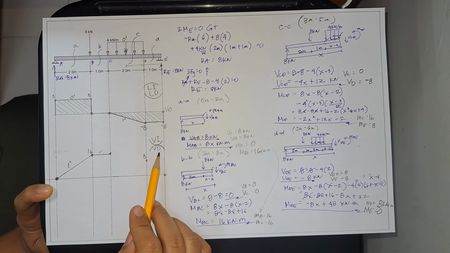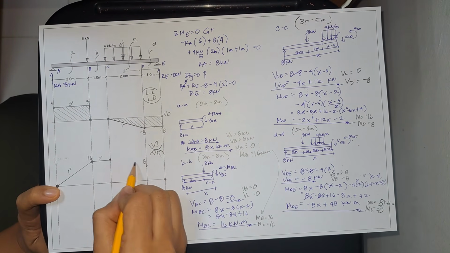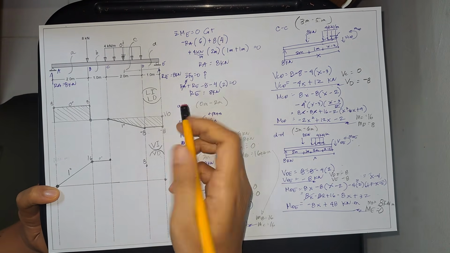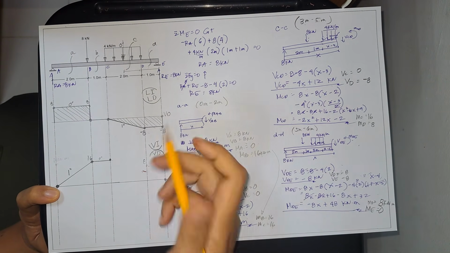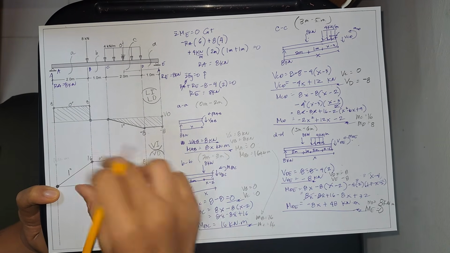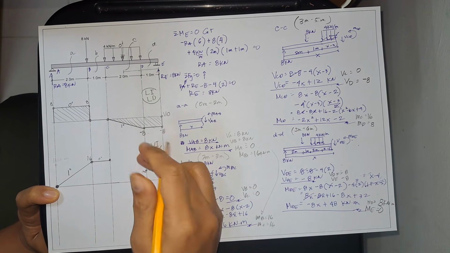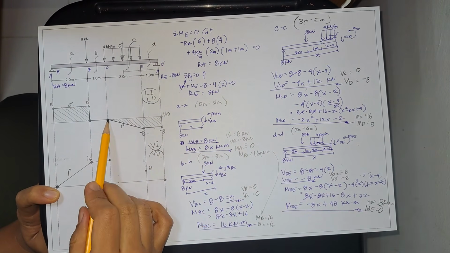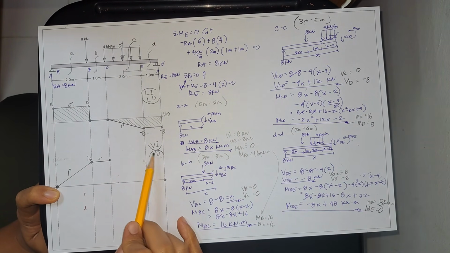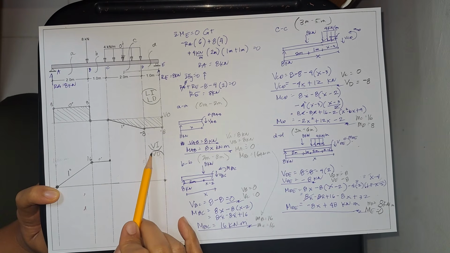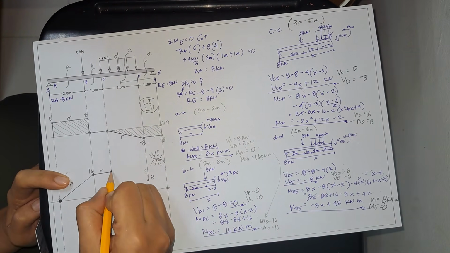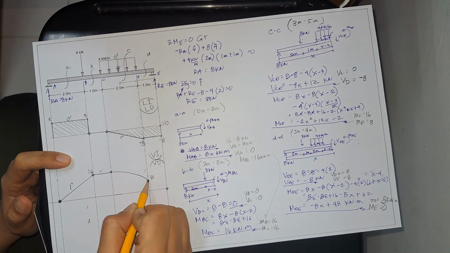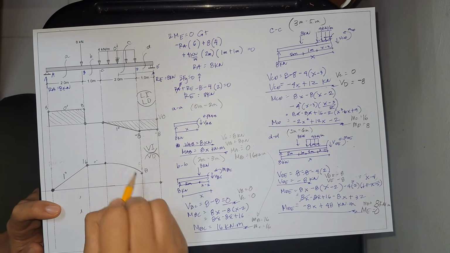Therefore, ang magiging orientation ng curve natin is pababa. Okay? Pababa. Masyadong mataas yung lagay natin ng point. Lagay natin dito. Kasi kalahati ng 16. So, ang orientation ng curve mo is pababa, kasi decreasing. The shear diagram is decreasing. The moment diagram will concave downward. So, ganito po yung itsura ng magiging curve natin. Pababa. Ayan. Concave downward.